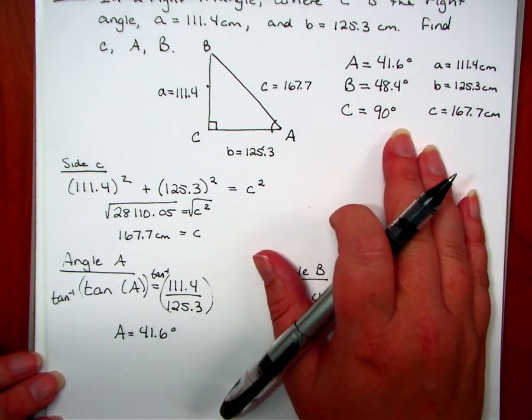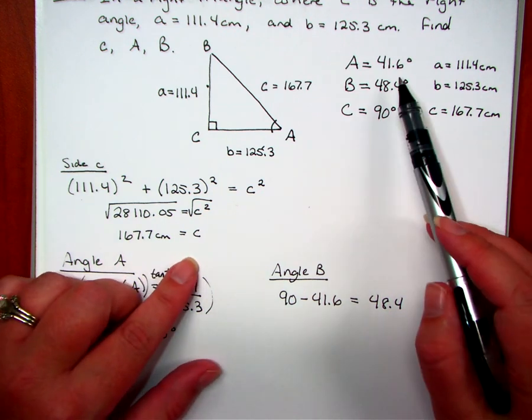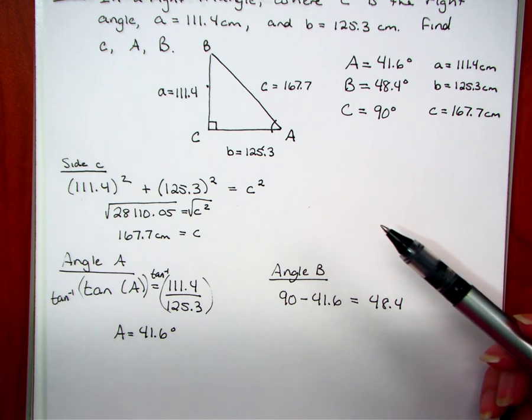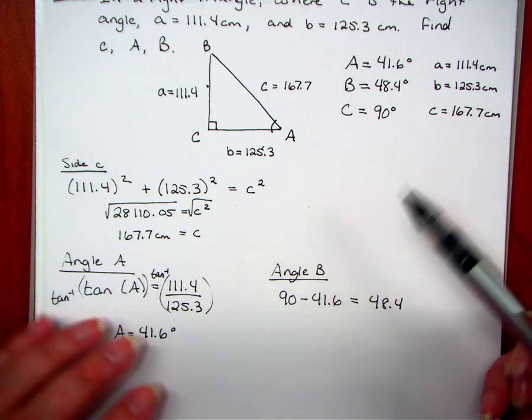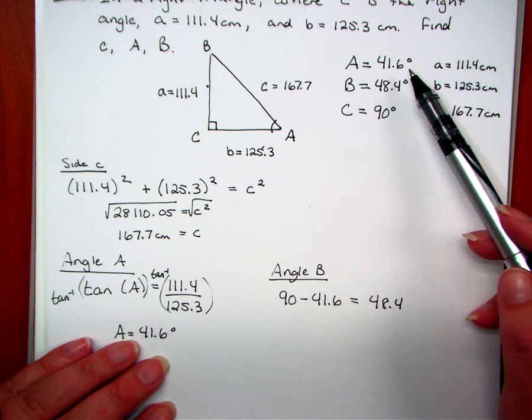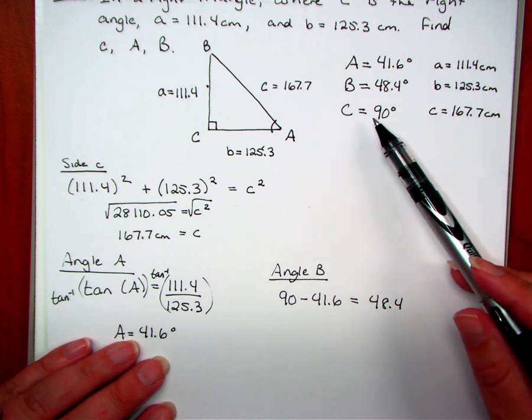So here's my legend solving this triangle. Now I'm just going to spot check real quick that the smallest side is across from the smallest angle and the larger side is across from the largest angle, just to make sure. So 114 is the smallest side, angle A is the smallest angle, and these two are the largest.